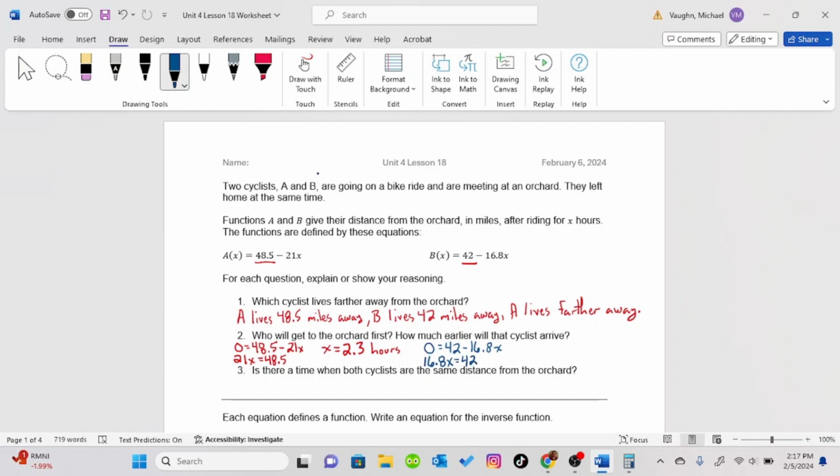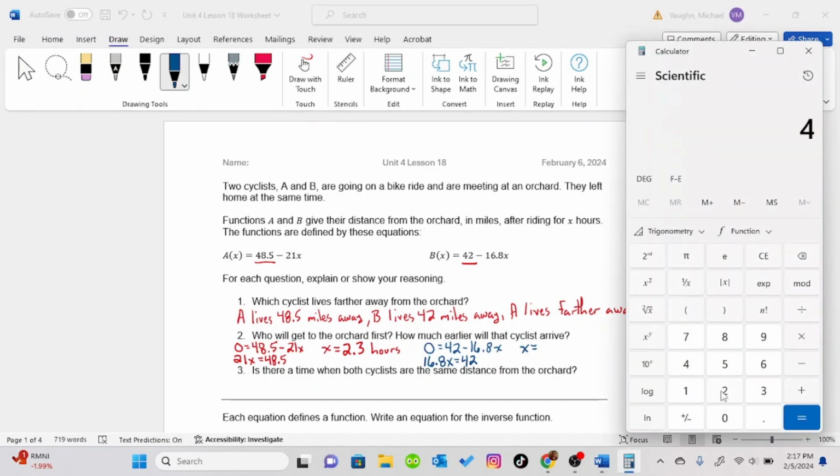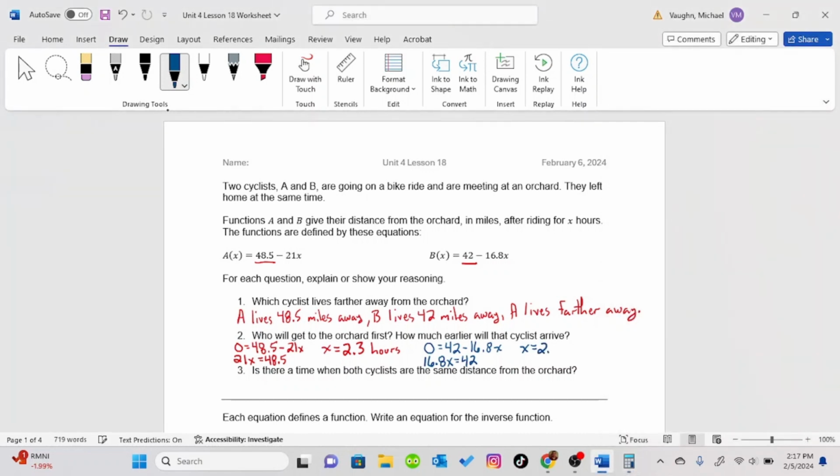Then we're going to divide both sides by 16.8. And we find out that x equals 42 divided by 16.8, which equals approximately 2.5. Again, this is hours.